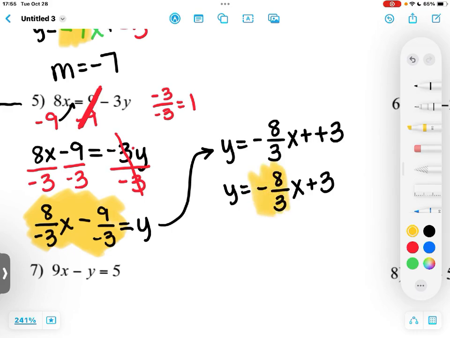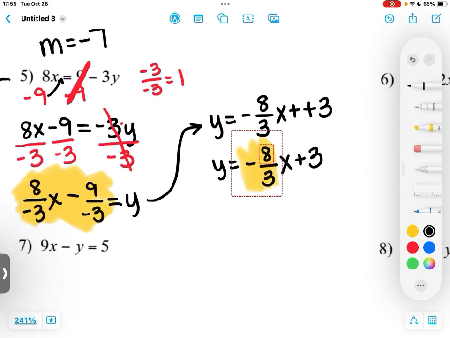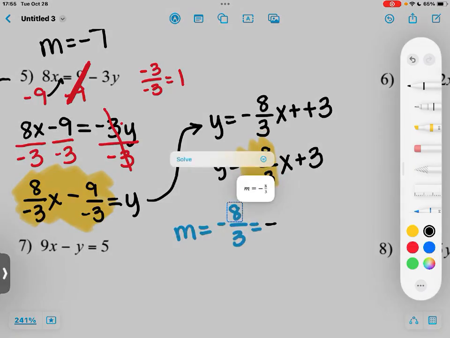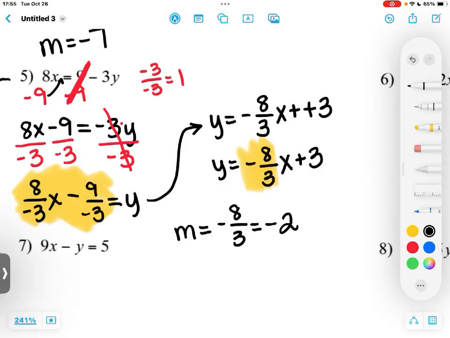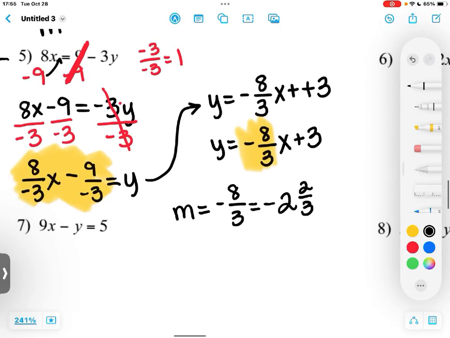Pulling out your slope would be that negative 8 over 3. Depending on the teacher you have, they may be okay if you leave it at this. If they aren't, though, 3 goes into 8 twice, leaving 2. So whichever way they want to compute the slope, I like to keep it as an improper fraction, but each teacher is different.